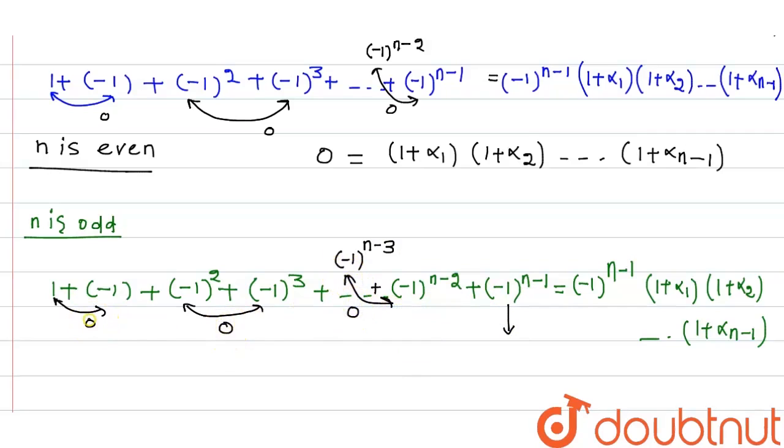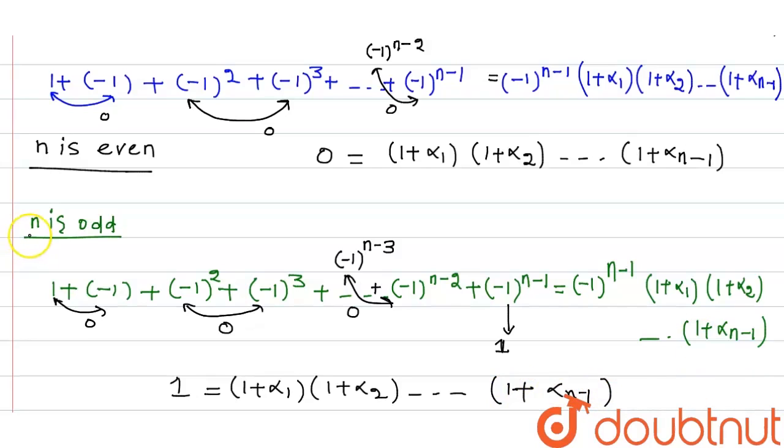We are left with only 1, because n minus 1 becomes even, and minus 1 to the power even is 1. So 1 is equal to, since n is odd, minus 1 to the power even, which is also 1, times (1 plus alpha 1)(1 plus alpha 2) up to (1 plus alpha n minus 1).